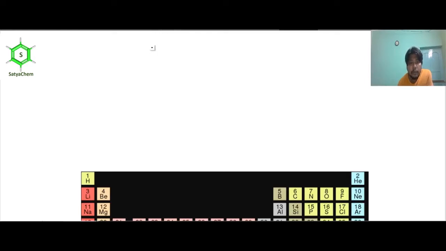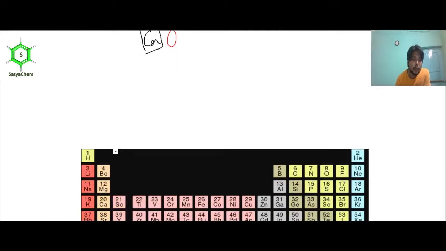For this I am giving a very simple molecule, that is calcium oxide. See, calcium resides on group 2 element and it is an alkaline earth metal, whereas oxygen is in group 16. It's highly electronegative.